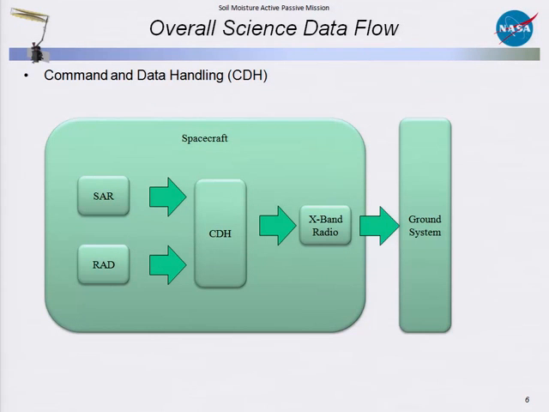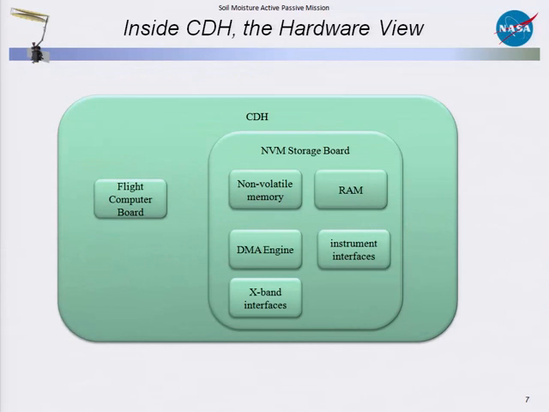Okay, so throughout the talk, I'm kind of starting off at a high level and zooming in and opening up boxes and giving you more details as we go. So we're going to keep zooming in on this picture and adding more detail as we go. Okay, so this is that same command and data handling box that I showed you in the prior picture. But now we're opening it up.